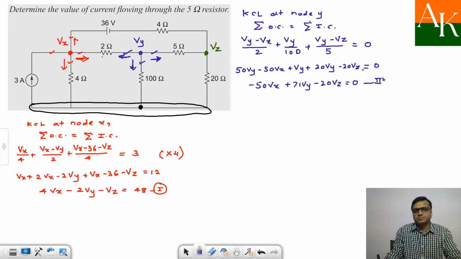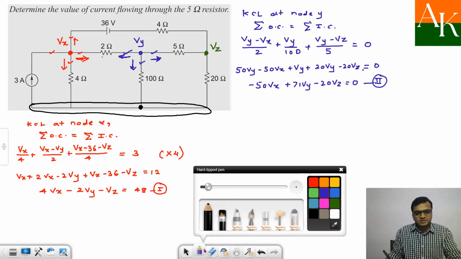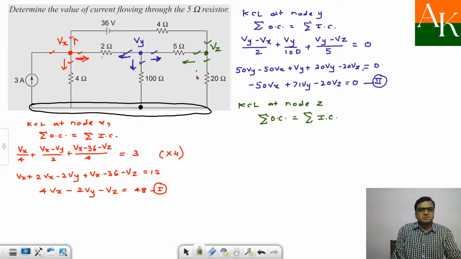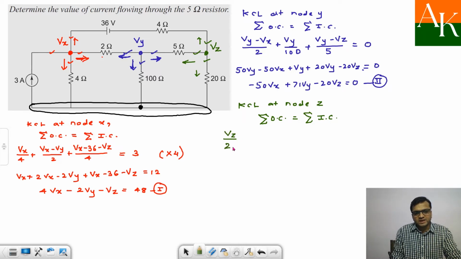Now I have to obtain the third equation and I will apply KCL at node Z. To node Z again 3 branches are connected and none of the branches contains a current source. So I will assume all the currents as outgoing, but you have to write down summation of outgoing current is equal to summation of incoming current. The downward current can be written as Vz by 20.